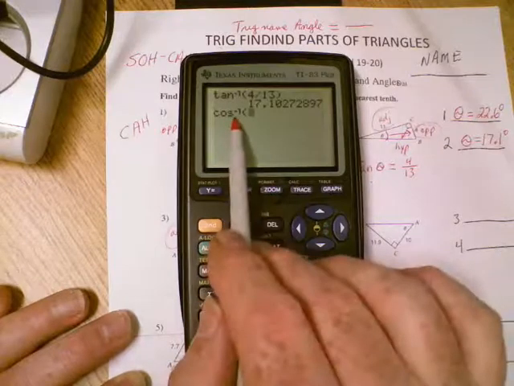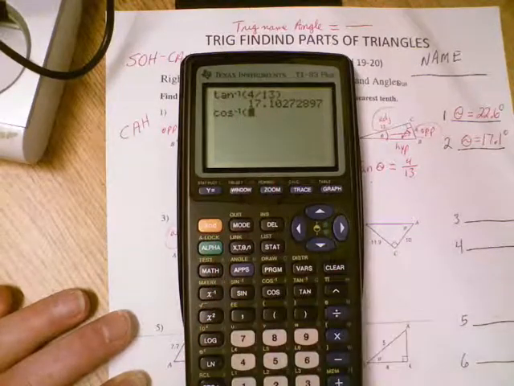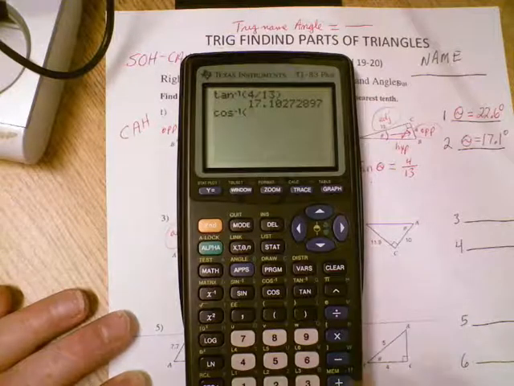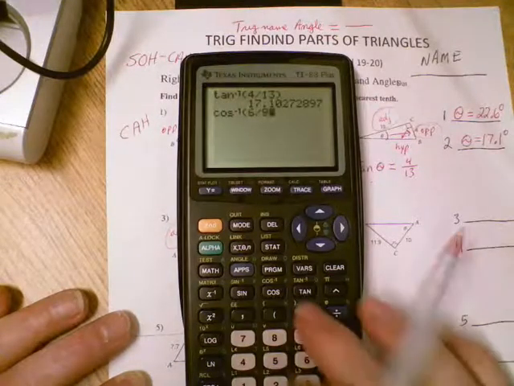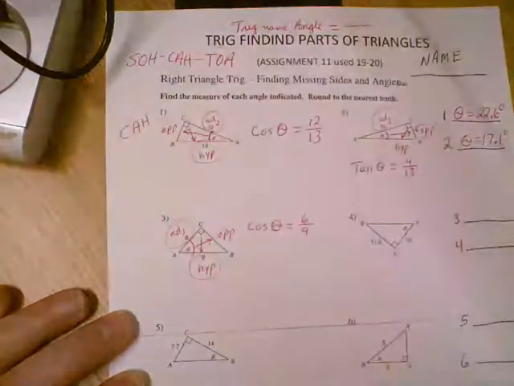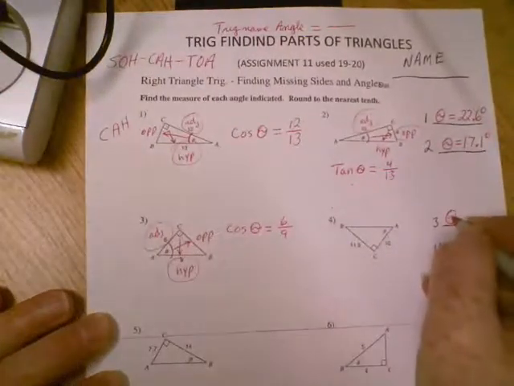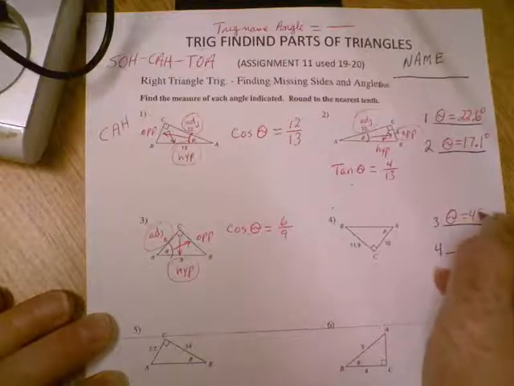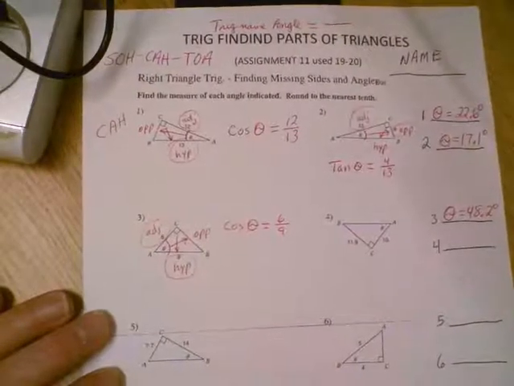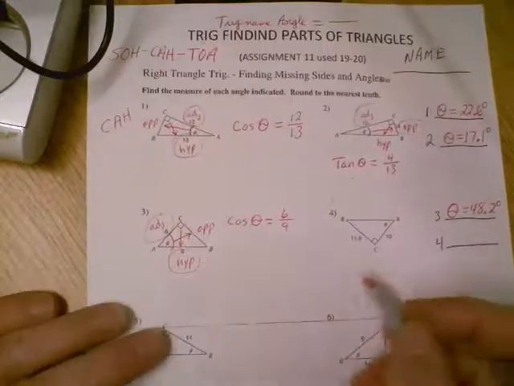Again, it pops up cosine -1 because we're looking for the angle. And we just punch in 6 divided by 9, and we get 48.2, we'll say. So theta this time is 48.2. So that's that angle right there.